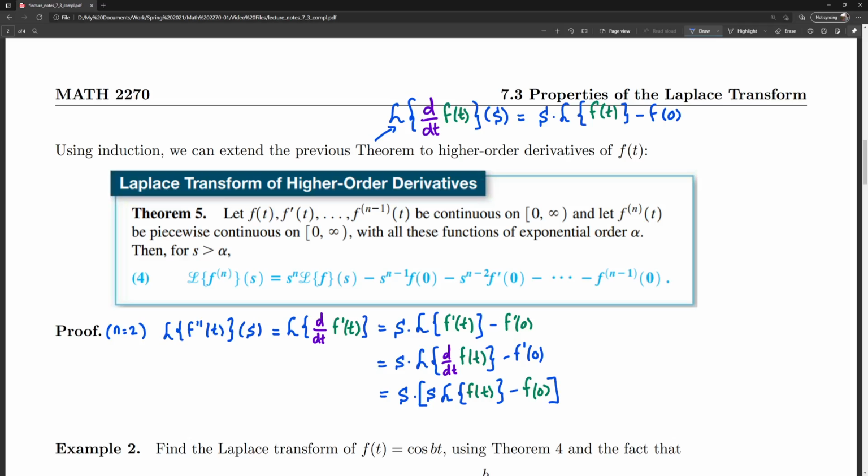So that's just rewriting this part, and then we still have minus f prime of 0.